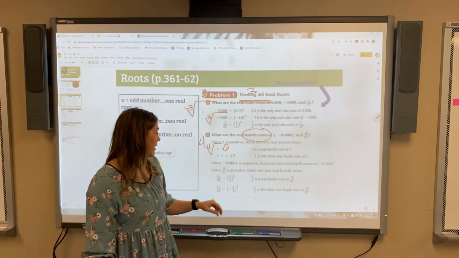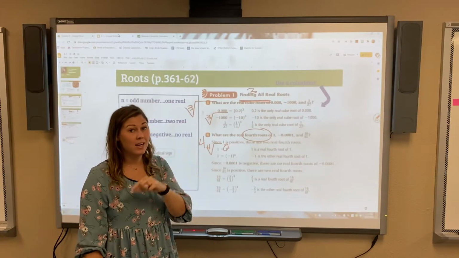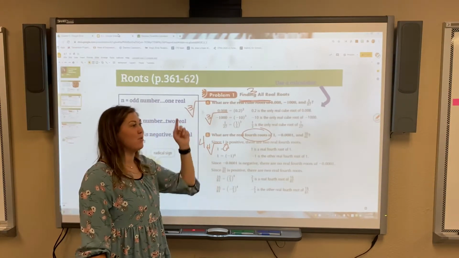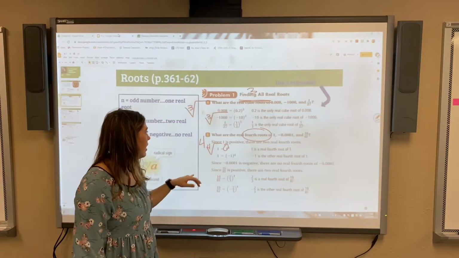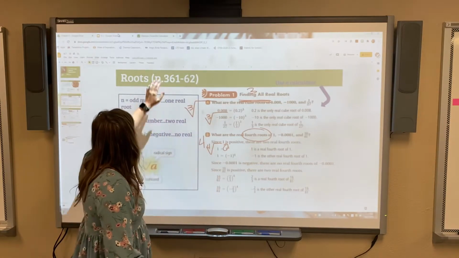Okay, so the fourth root of 1 would be a 1 and a negative 1, because 1 times 1 times 1 times 1 is 1, but negative 1 times negative 1 times negative 1 times negative 1 is also 1, okay? Negative 0.0001, okay, so I'm going to go to the calculator and let's try this.